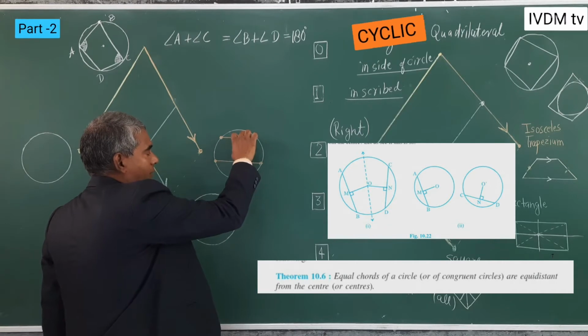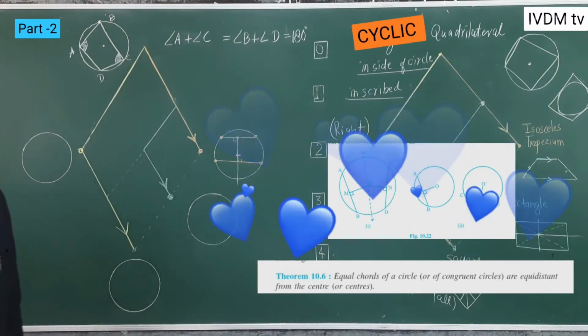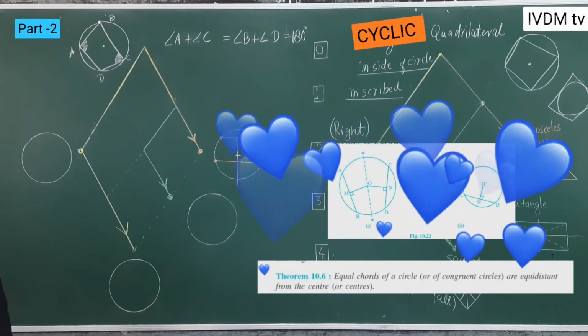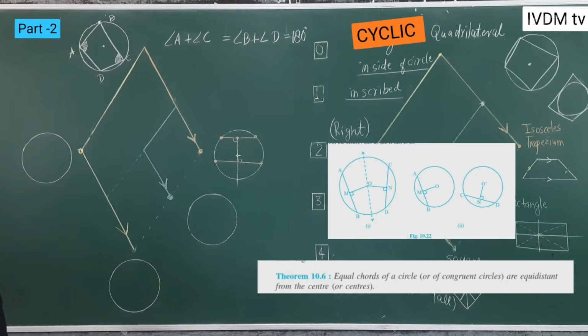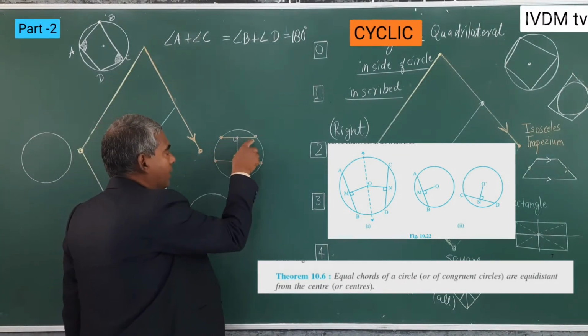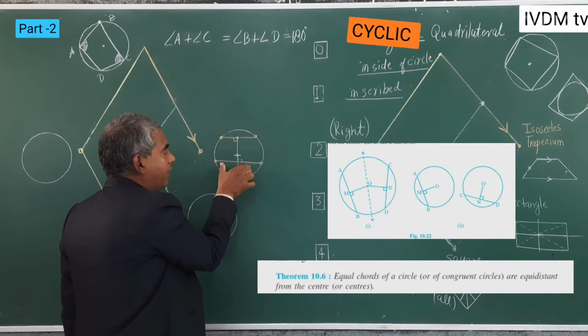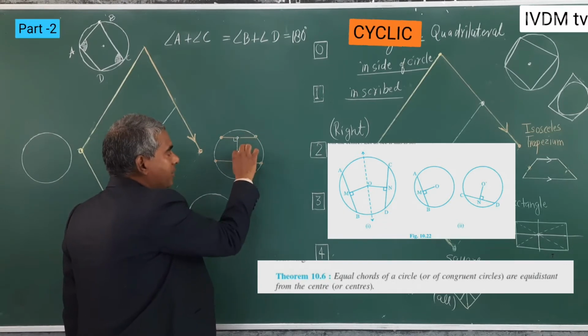That is why in theorem 10.6, if the chords are equal, both are equidistant from the center, otherwise it reverses: a small chord will be farther from the center, and a greater chord will be nearer to the center.